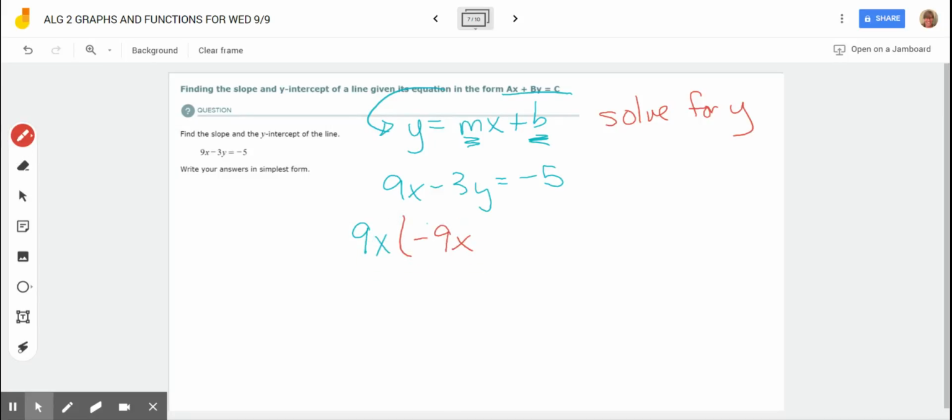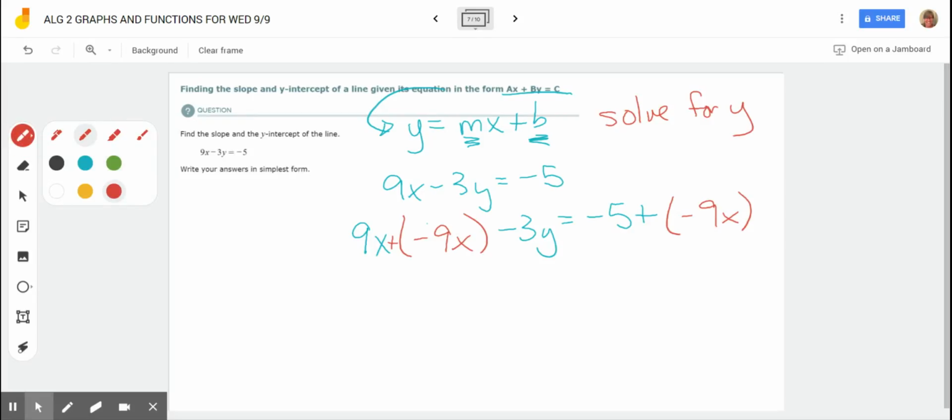Minus 9x plus -9x, minus 3y equals -5 plus negative 9x. I've seen people do this in their work when they were explaining their problems. That is actually really good math, but it's also showing a lot of work.